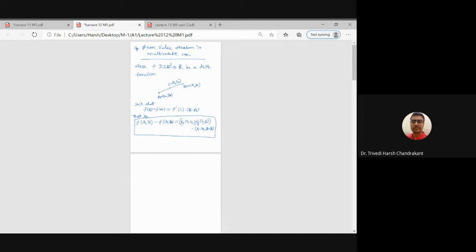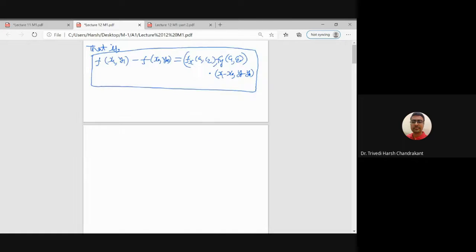The same result we want to prove in the two variable case. In the one variable case we use the mean value theorem to prove that the function is constant, and here also we will use the mean value theorem itself.